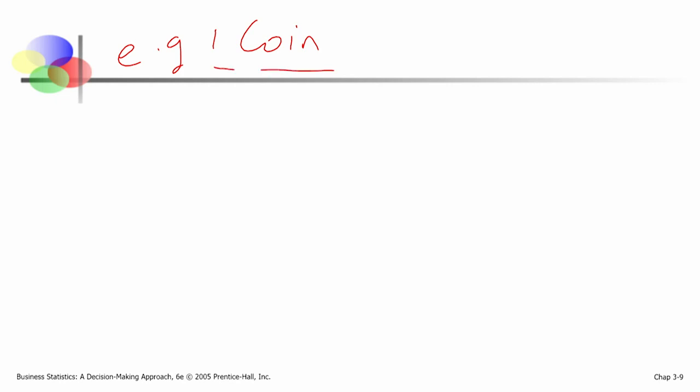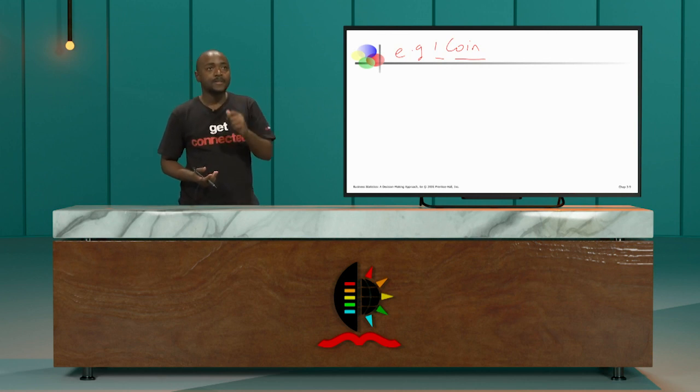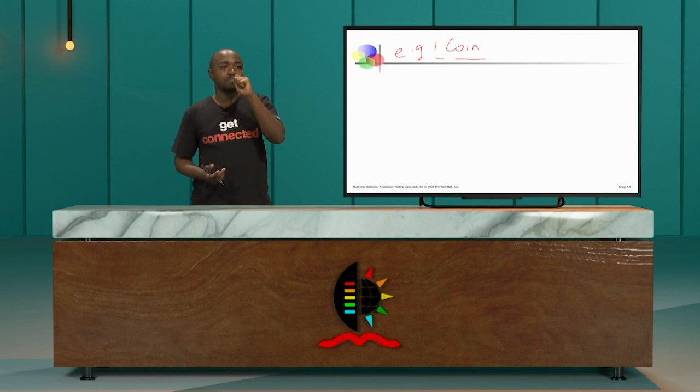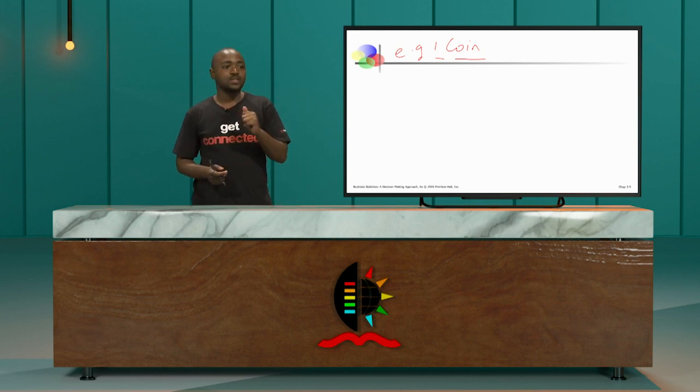Now, I always ask people this: let's say you're tossing a coin. How would you know that your sample space, if tossing one coin, is just getting a head or a tail? People always tend to say, okay, if I take my coin from my pocket and toss it for the first time, I'll either get a head or a tail. Then I toss it again, I get a head or a tail. So there are only two possible outcomes out of tossing just one coin.